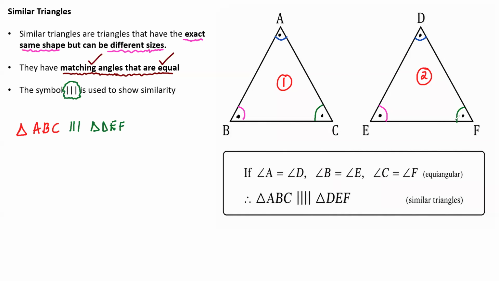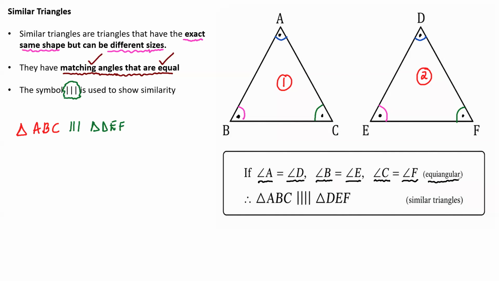Check the story. If A, the angle, is equal to D, it's matching. Then B, the angle, is equal to E, it's matching. Then C, the angle, is equal to F, it's matching. Now, mathematically, this is called equiangular.